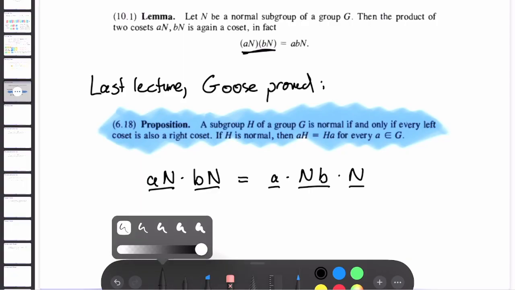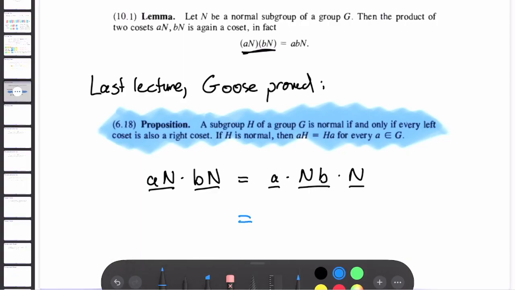And now the magic. Because of proposition 6.8, we can replace that nb times by bn, and start moving stuff around.